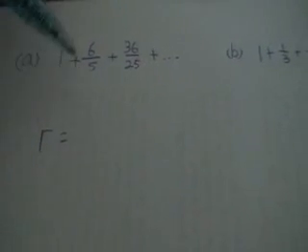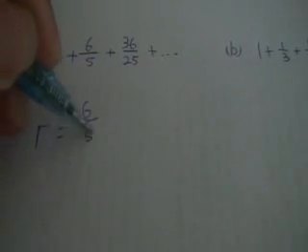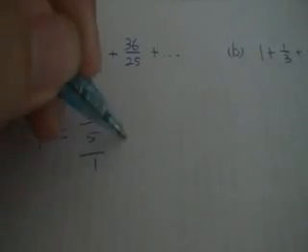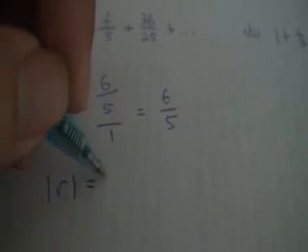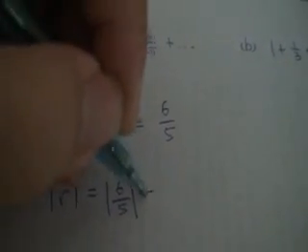Okay, we can find out R by taking second term divided by the first term. So R will be 6 over 5 divided by 1, which gives you 6 over 5. So absolute value of R will be equals to absolute value of 6 over 5, which is equals to 6 over 5.